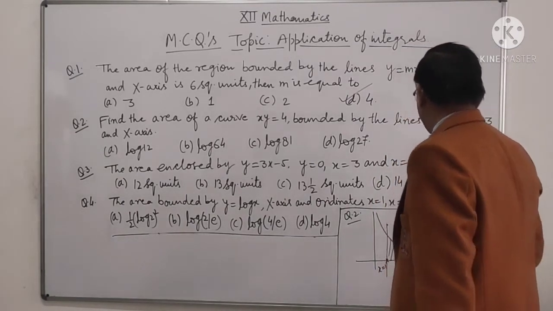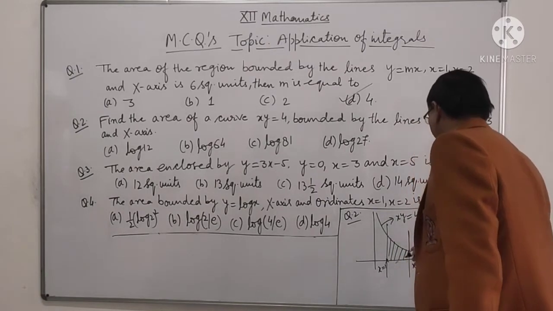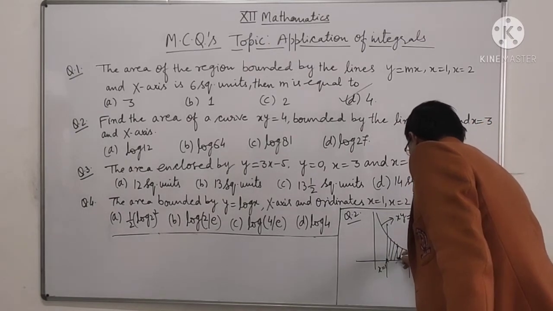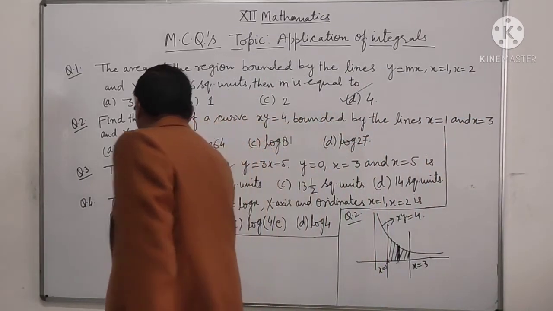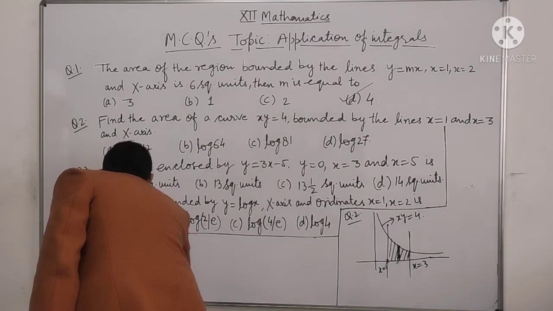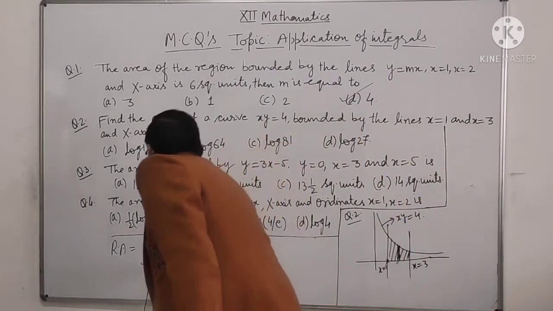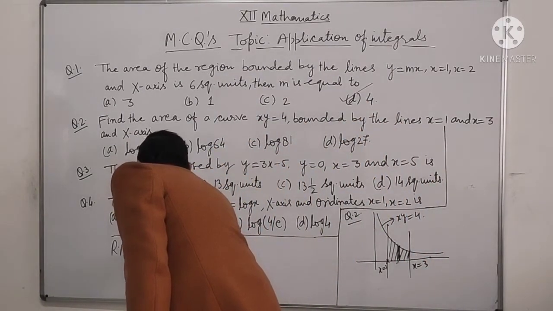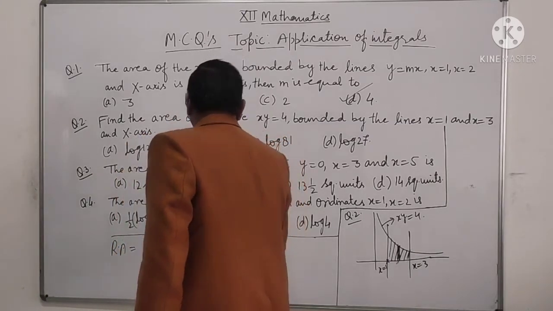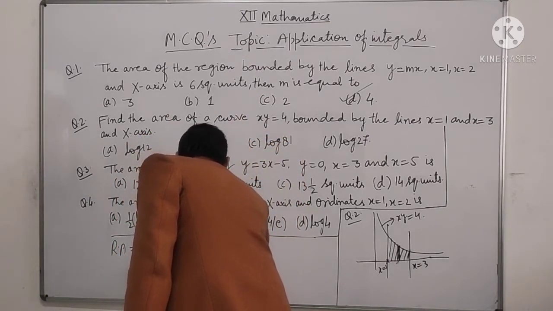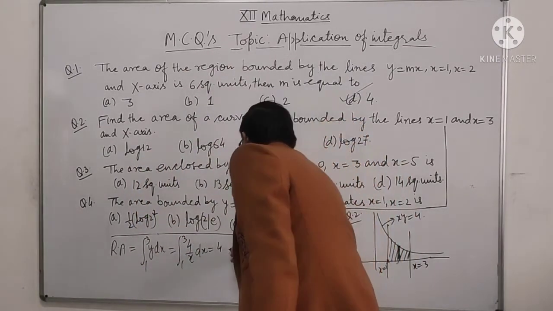So simple, the curve xy equal to 4, make y the subject, then required area equal to limit 1 to 3 y dx, then 1 to 3 y equal to 4 upon x dx. 4 is constant, integration of 1 by x is log x.